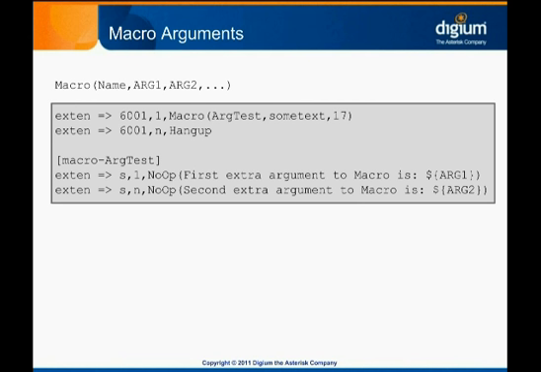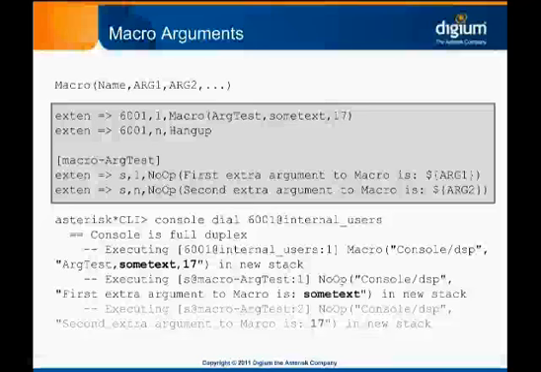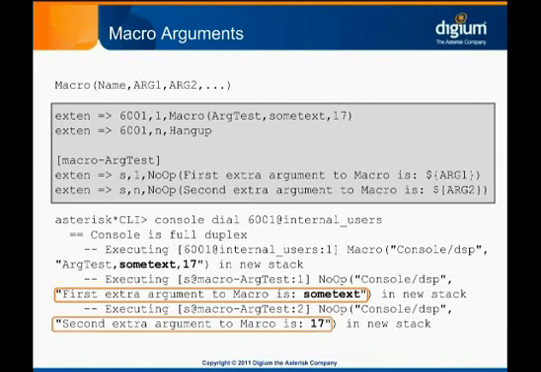Within the macro, priority 1 of extension s is a call to NoOp that will print the value of ARG1. ARG2 is printed in the next NoOp. So the Asterisk console will print the string someText and then 17 when extension 6001 is dialed. By itself, this isn't very useful, but we can use this approach to make macros much more powerful.